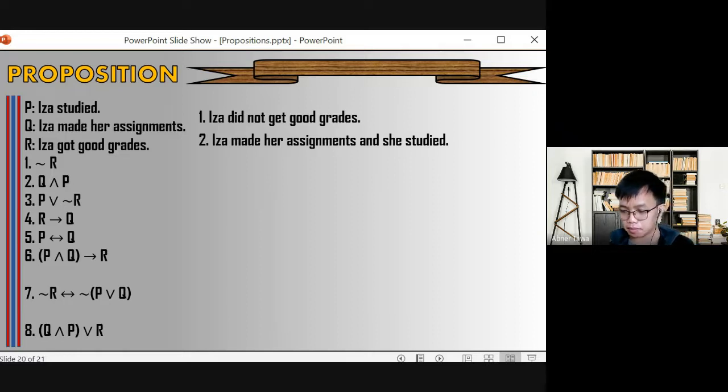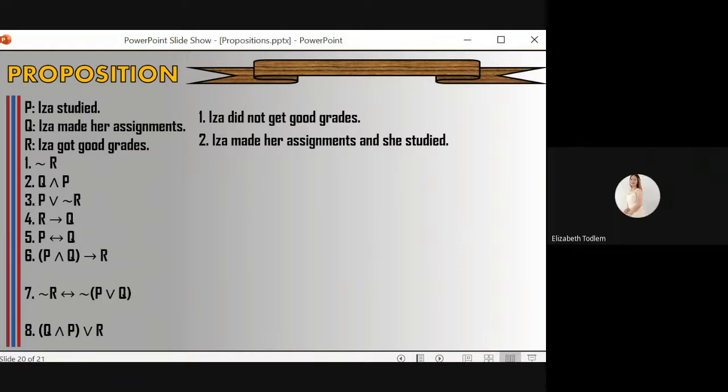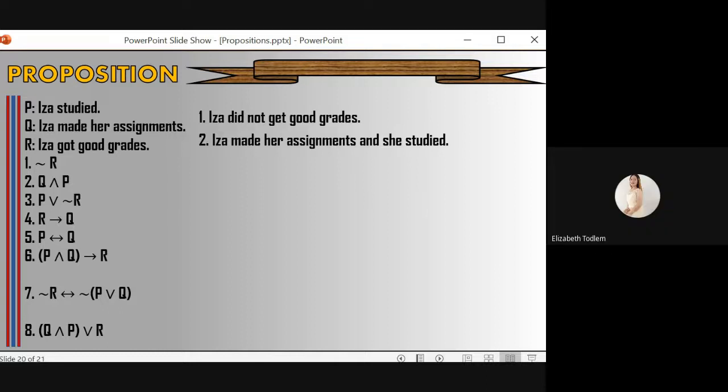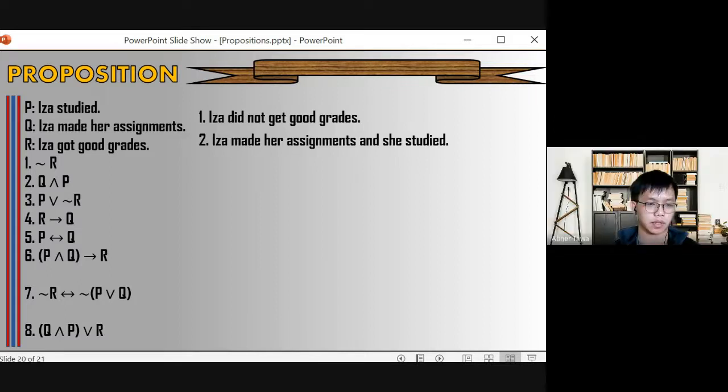Okay, interchange yung distributor, kasi importante. Okay, so we have 3 standard examples in plan. How about Miss Elizabeth, number 3? Okay, so proposition P. Sige. Isa studied and Isa got good grades. Number 3. Okay, ulit na.